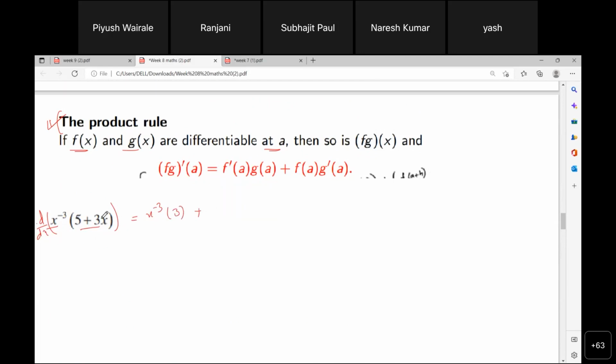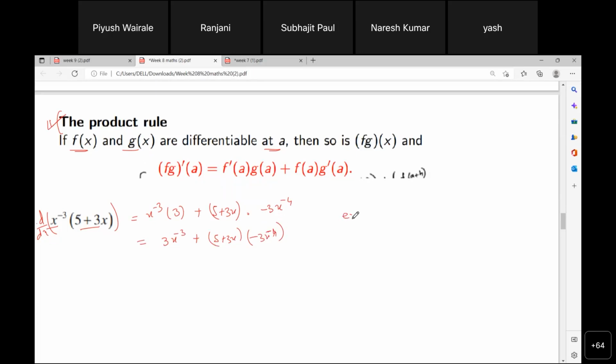And plus, take the second term as it is, 5 plus 3x, and differentiate the first term, x to the power minus 3, so it will be minus 3 x to the power minus 4, right? So my answer will be x to the power minus 3 into 3 plus (5 plus 3x) into minus 3 x to the power minus 4, right? The simple product rule.